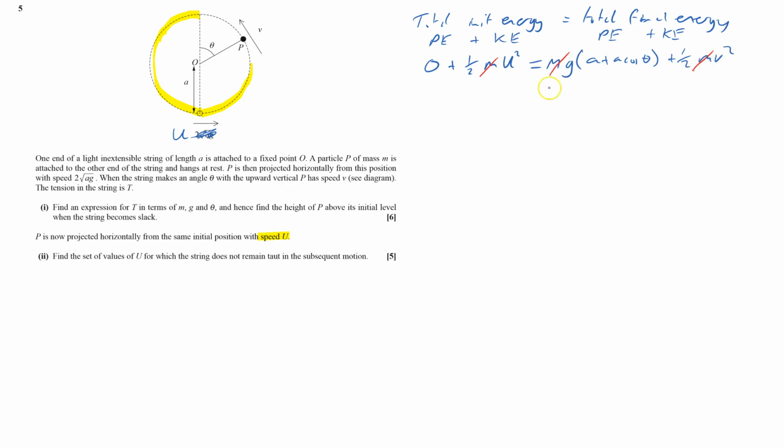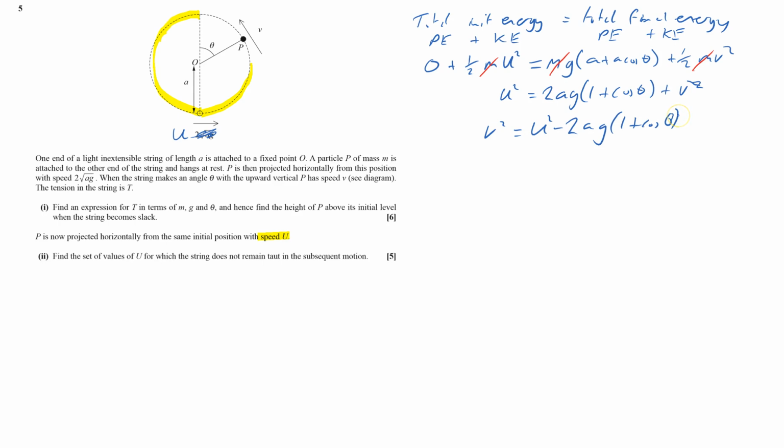I'm going to multiply by 2, so I get u squared equals 2ag, taking out a factor of ag, times 1 plus cos theta, plus v squared. And so v squared equals u squared minus 2ag times 1 plus cos theta.